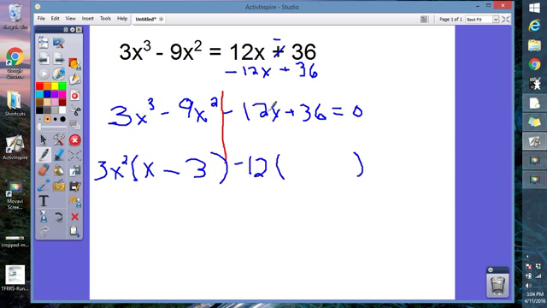Over here, you're dividing by negative 12. You get an x. And then 36 divided by a negative 12 gives you a negative 3. When you do factor by grouping, you know you've done it correctly when what's inside the parentheses match. When they match, that's going to be one of your factors.